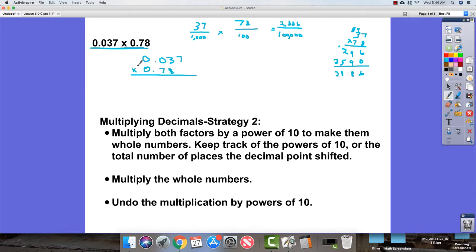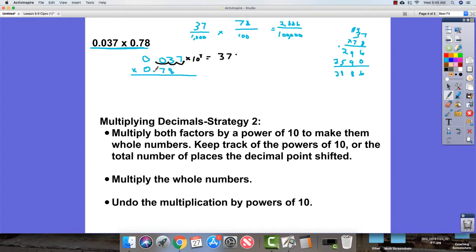So I need to try to make 37 thousandths. I need to multiply it by a power of 10 to get it to a whole number. So I can multiply 37 thousandths by 10 to the third power to get 37. Let me show you. 1, 2, 3. My decimal point has to move 3 places to the right to get 37.